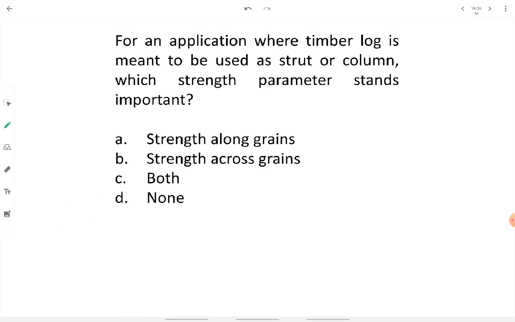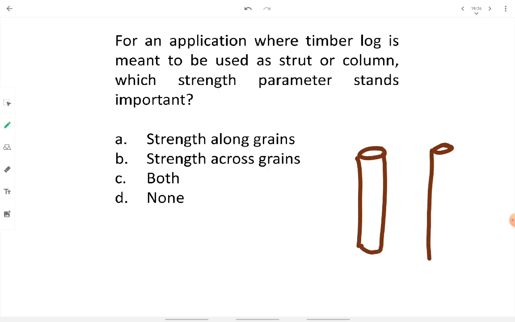Okay, for an application where a timber log is meant to be used as a strut or column, which strength parameter stands important? Let's see what the question is saying first. For example, we are using our timber logs as a column or strut.